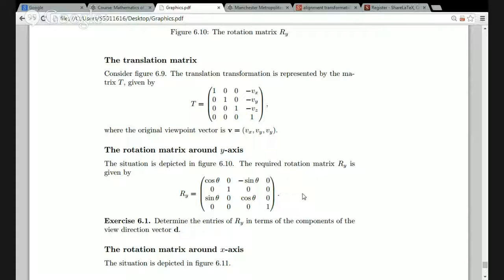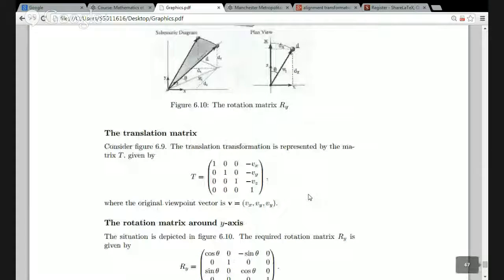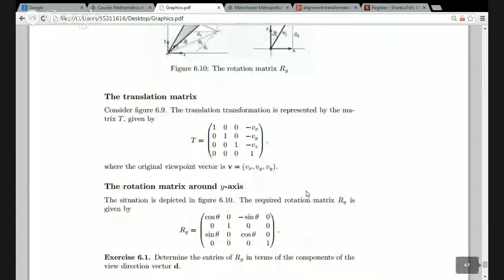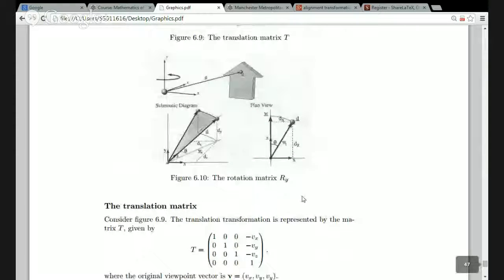That's this matrix here. So you're rotating by the angle theta, but how do you work out the angle theta, or how do you specify that rotation matrix? Well, you need to look closely at a good, accurate diagram of the situation so that you can read off these entries of the rotation matrix in terms of the data of the situation.